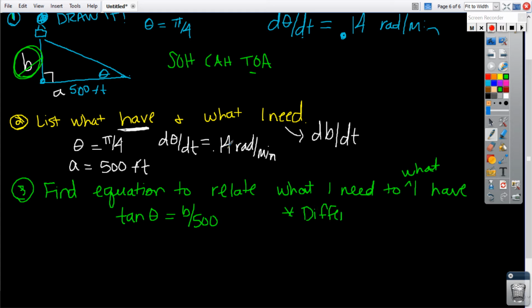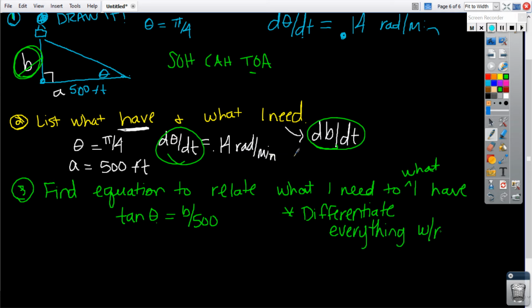I'm going to differentiate this equation because I need dB dt. I have a d theta dt, I've got theta in here, and I've got the 500 in here. So let's differentiate this equation. Here's the tricky part: when I differentiate, I'm differentiating everything with respect to time, so really what I'm doing is implicit differentiation.